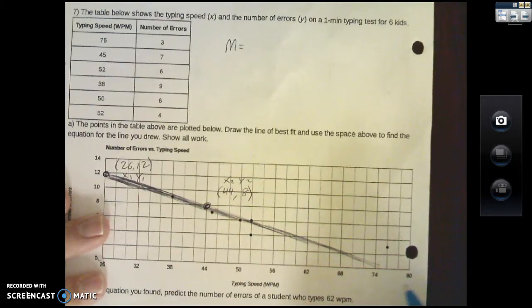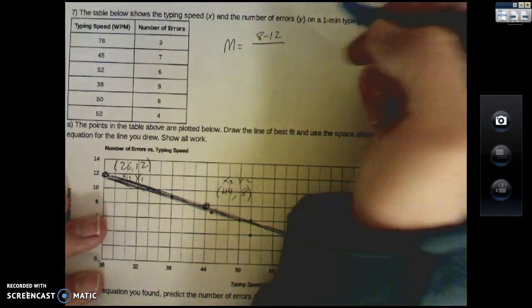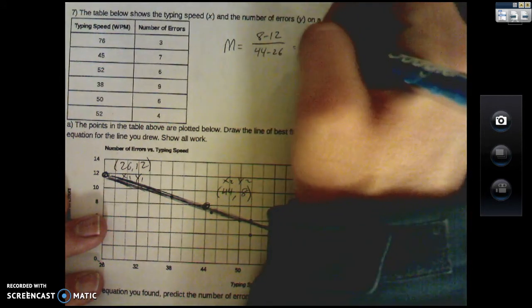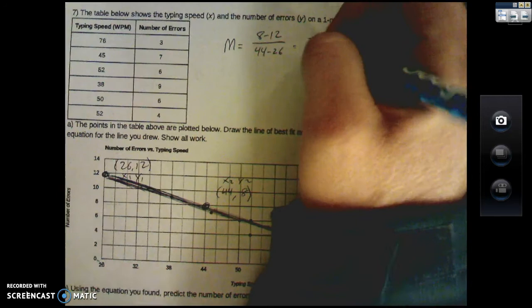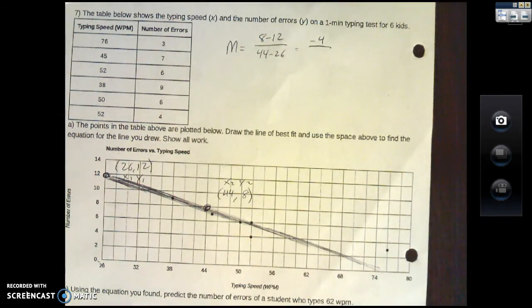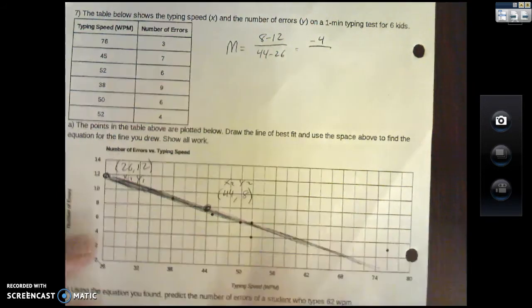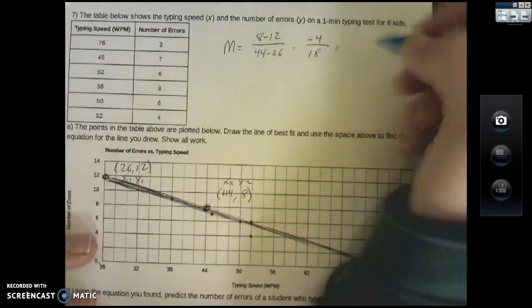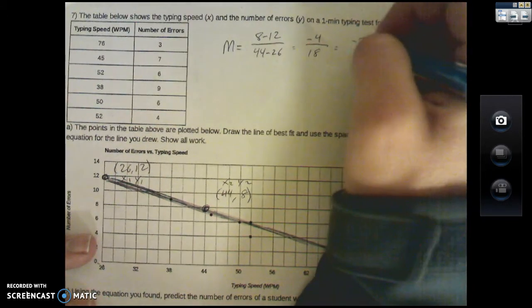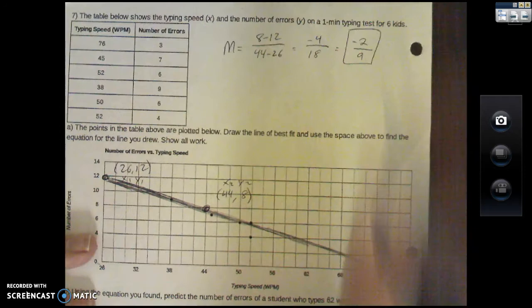These numbers probably aren't going to look the best, but let's give it a go. 8 minus 12 over 44 minus 26. 8 minus 12 is negative 4. 44 minus 26 is 18. Divide top and bottom by 2. Negative 2 over 9.